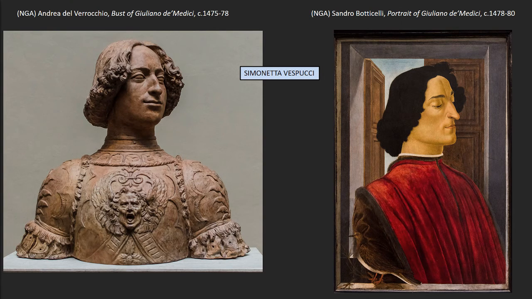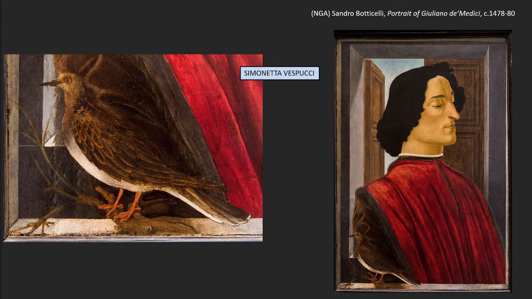The bird in the foreground probably relates to Simonetta Vespucci. It's a dove on a branch, and doves were believed to mate for life. And again, this brings up the idea of sex, but there's no sex involved, right? They are devoted for life. And again, by legend, the only place a dove would perch when its beloved died would be on a dead branch.